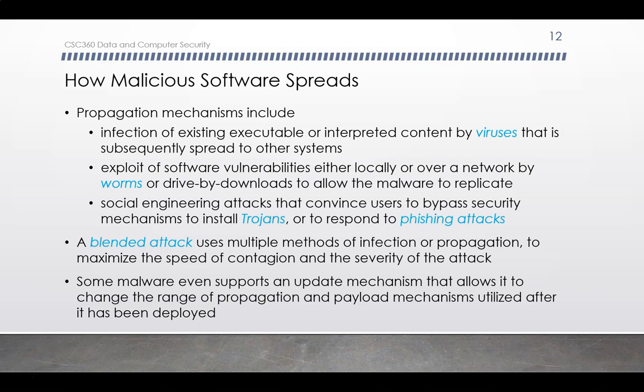So the propagation mechanisms include infection of an existing executable or interpreted content by viruses, exploit of software vulnerabilities, either locally or over a network, by worms or drive-by downloads, and social engineering attacks that convince users to bypass security mechanisms to install Trojans or to respond to phishing attacks.